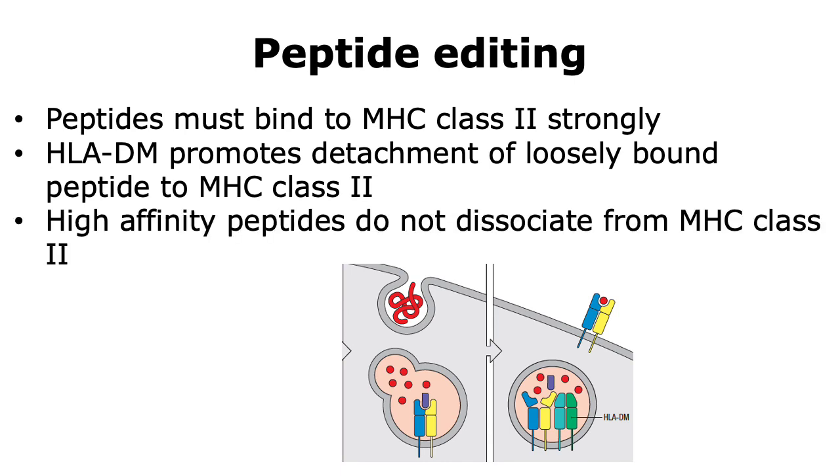Thus, only high affinity peptides will not dissociate from the MHC Class II and remain in the peptide binding groove of the MHC Class II. Such high affinity peptides that are bound to the MHC Class II will ultimately be trafficked to the surface of the antigen presenting cell.